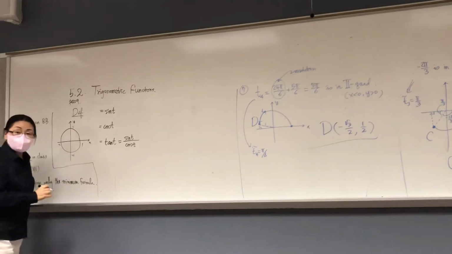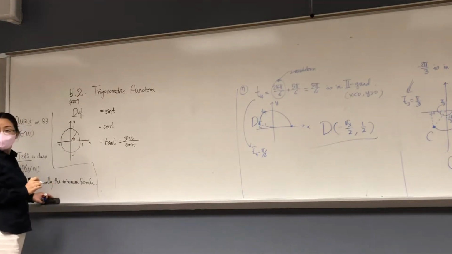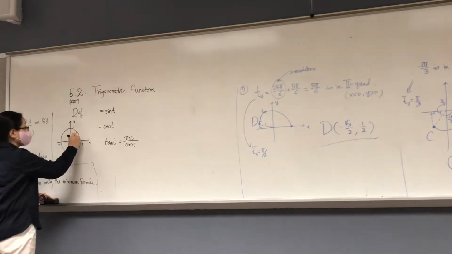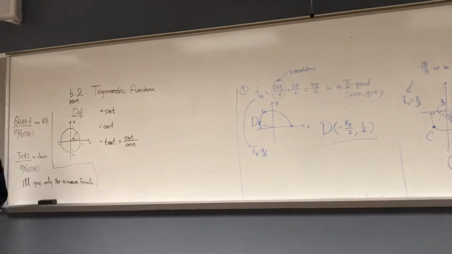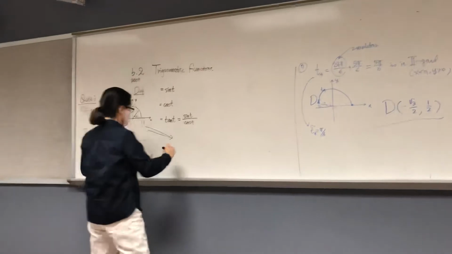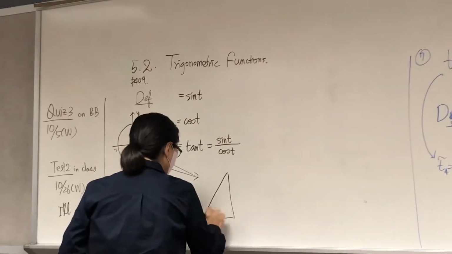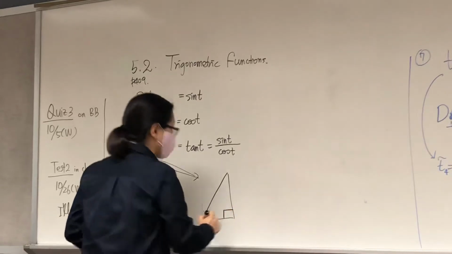We assume T is some acute angle, and then we will think about this kind of triangle, a right triangle. Here, I will magnify it. This is T, this is the right angle.